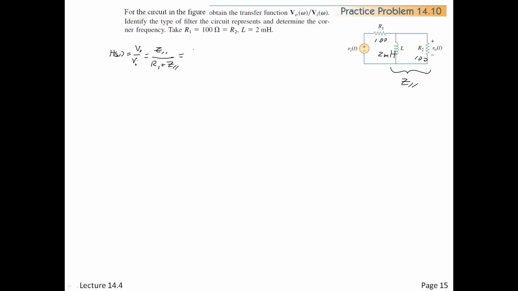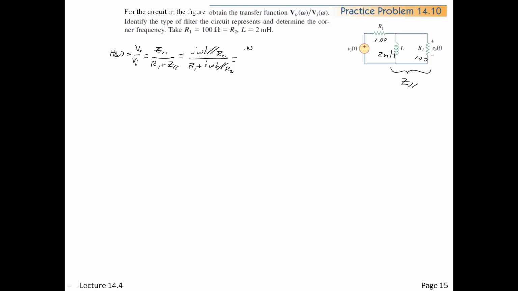So what is that? I'm going to keep it in terms of the L's and R's, and I'll get rid of the R1 and R2 since they're identical right now. So I'm just going to call this j omega L in parallel with R2, and keep it for a while, I guess, over R1 plus j omega L in parallel with R2. You just keep going on this step by step.